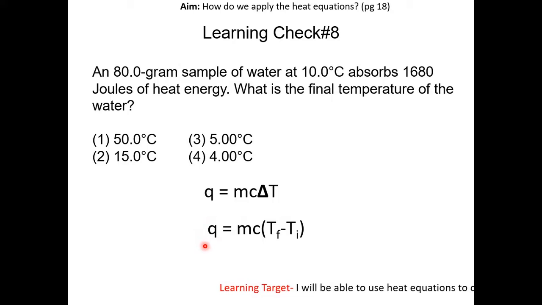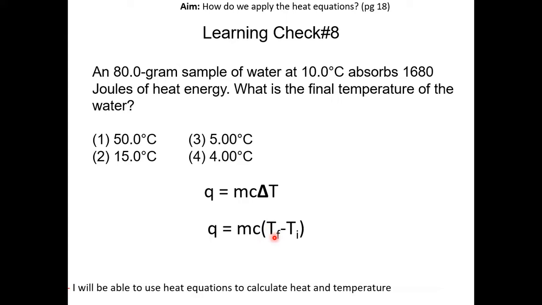We're given Q as 1,680 joules, M is 80 grams, C, you have to look on table B in your reference table, it is 4.18, TF is what we're solving, TI is 10 degrees Celsius. If we plug it in and solve for TF, we get the answer as choice 2, 15 degrees Celsius.